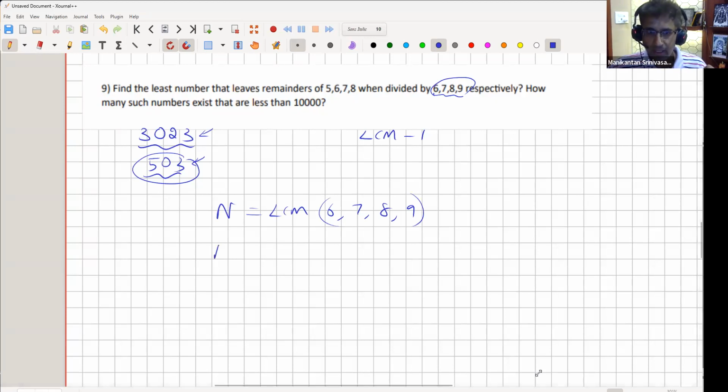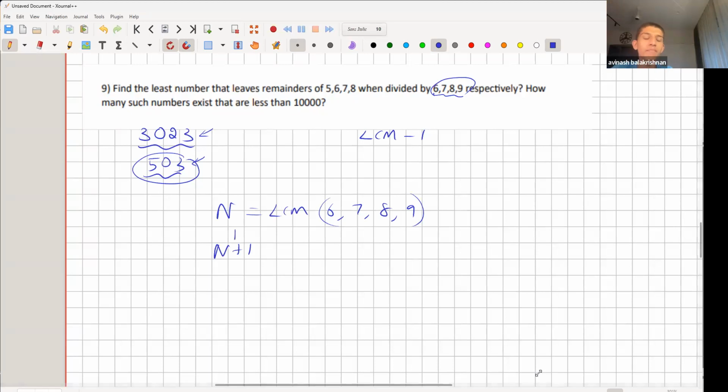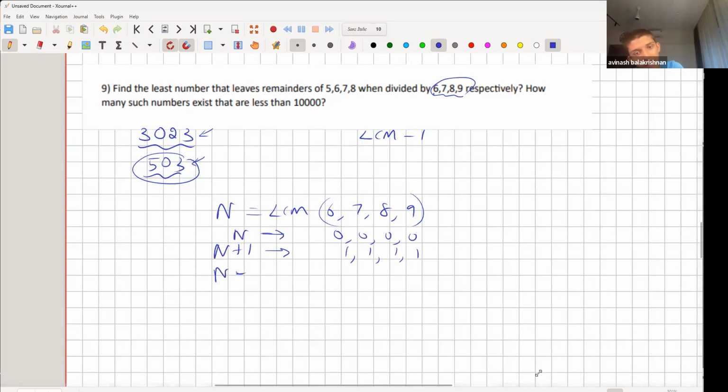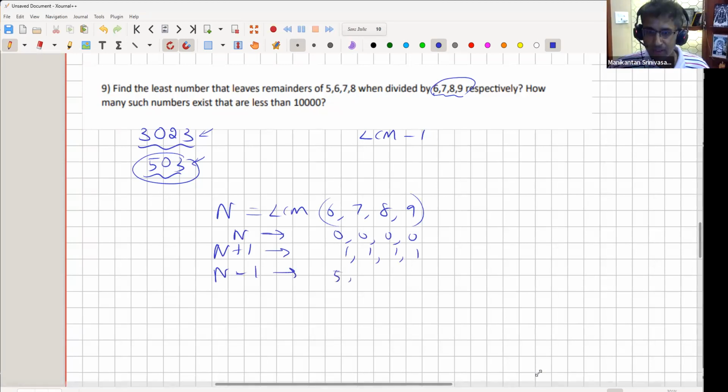Then n plus 1 will leave a remainder of 1, 1, 1, 1. If I do n minus 1, it will instead be 5, 6, 7, 8, because it's just one short of reaching an exact multiple, right? Therefore, n minus 1 is exactly what you want. So all you want is the LCM. The LCM was correctly calculated as 504. Therefore, 504 minus 1 is 503.